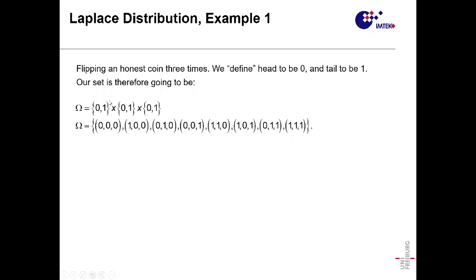At the end you can get a head and a head, or a tail, a head and a head, or a head, a tail and a head, and so on and so forth, and all the possible combinations that could happen. In this case, we have 1, 2, 3, 4, 5, 6, 7, 8.